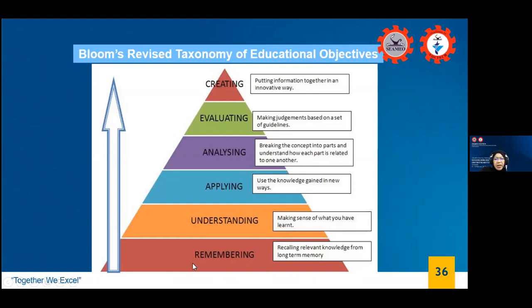Right, so this is the description of each level of the 6 cognitive domain. For remembering, what do we expect the students to be able to do? They should be able to recall relevant knowledge from long-term memory. So remembering is recall, right? Understanding is when your students should be able to make sense of what they have learned.